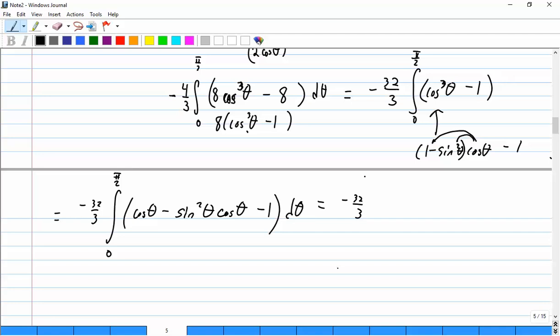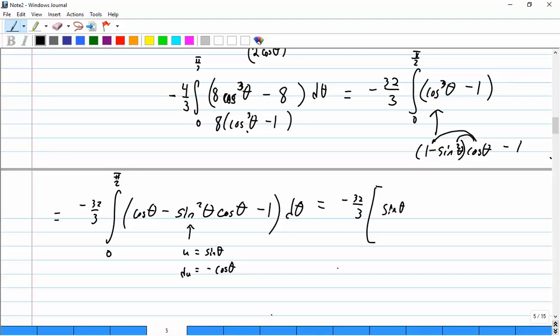So what's the integral of cosine? Sine. What's the integral of sine squared cosine? Well, if you let u equal sine theta, then du is equal to negative cosine theta. Is that right?